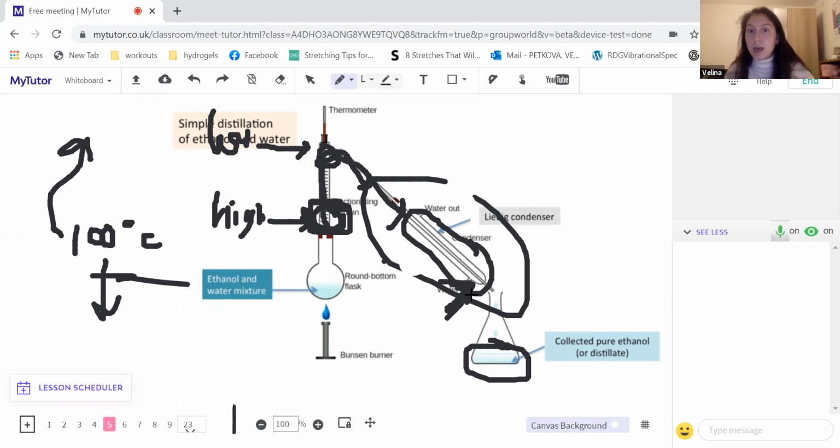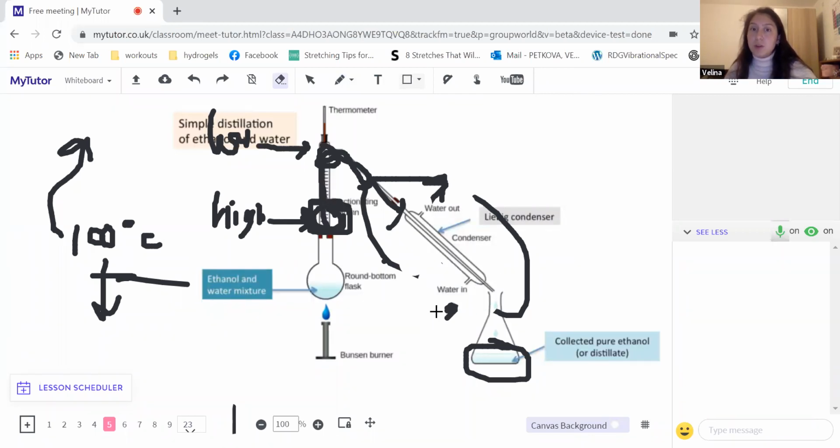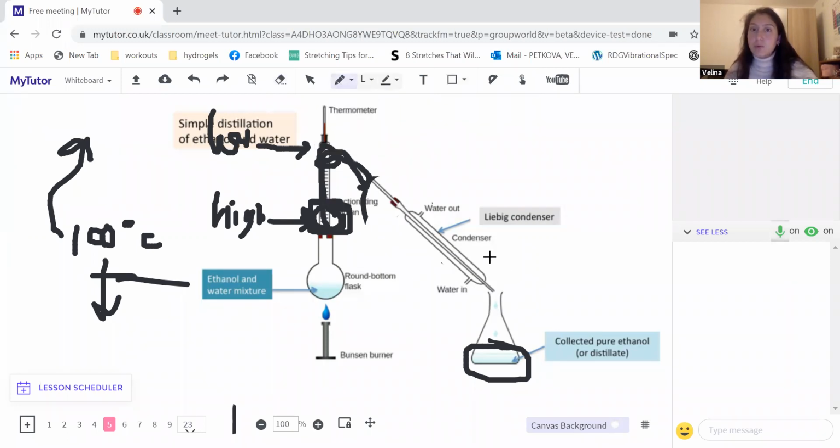The water in goes through the condenser, it absorbs the heat from the gas because it's cooling down the gas, and then it pushes the water out. So constantly this water in the condenser is being replaced, and it doesn't allow this water to heat up because you want this water to be really cold to allow this condensation to occur. So by constantly replacing the water, you're keeping the water in the condenser at a low temperature. Does that make sense?